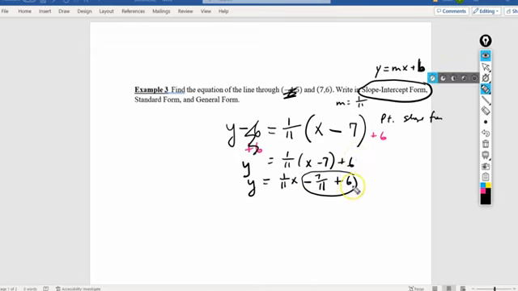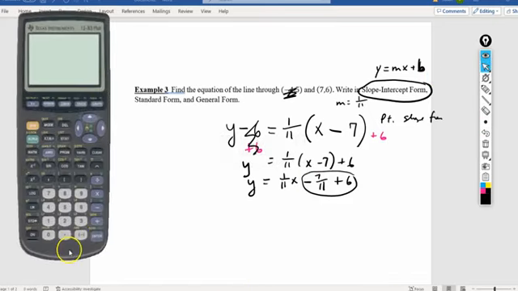I could also rewrite 6 as 66 over 11 and then combine them, which is what you had to do in the olden days before calculators. But, you know, you can use a calculator. So let me get this up here. Let's do negative 7/11 plus 6, and then press enter, then press the math button here, and then press enter 2 times.